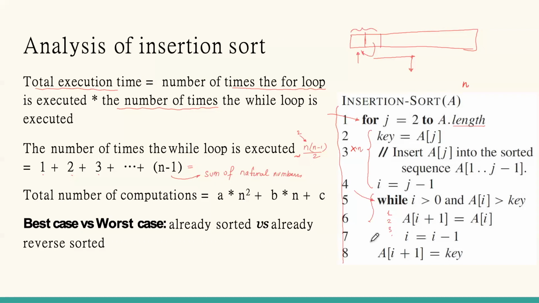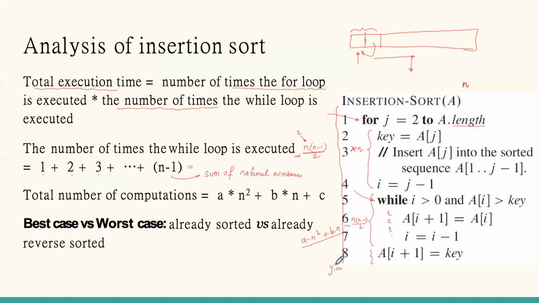This part takes n times approximately (n minus 1) by 2 time, which we could say is approximately a times n squared plus b times n. Then we also have something here which is run for each item, so this may be something like Y times n.